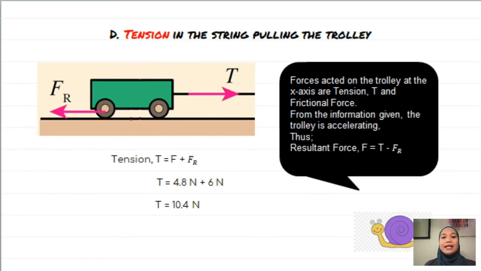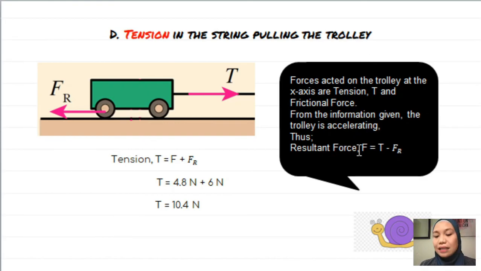Find the tension in the string pulling the trolley. Consider the forces acting on the x-axis. There are only two forces, which are tension and frictional force. We know from the question that the trolley accelerates to the right, which means that tension is higher than the frictional force. So the forces acting on the trolley at the x-axis are tension and frictional force, and the trolley is accelerating.